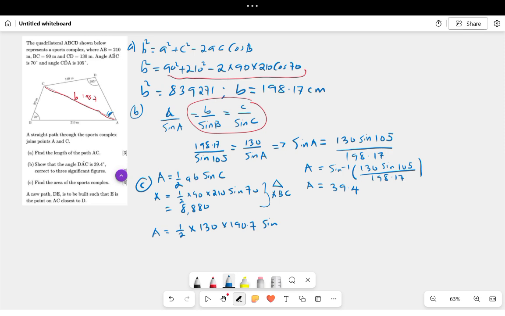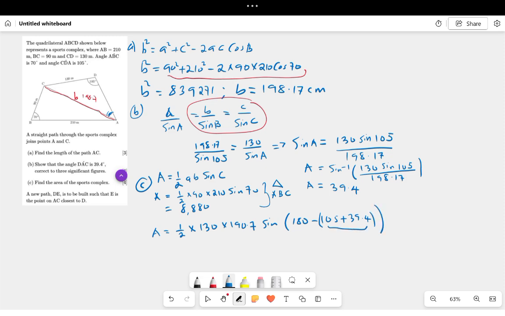How do we get the angle? Because we have angle D as 105 and angle A as 39.4, it's going to be 180 minus 105 plus 39.4.